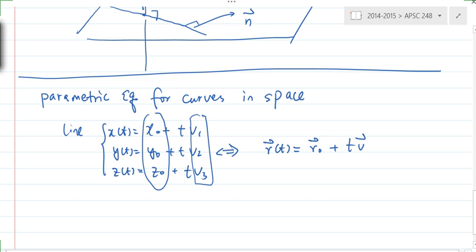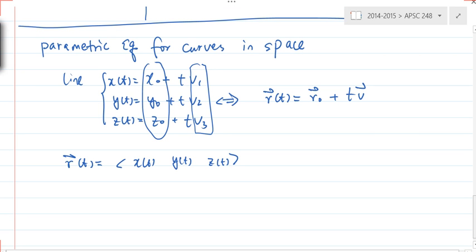So we have this r here, which represents x of t, y of t, z of t. So r equals x of t, y of t, and z of t. That essentially is the basis of the parametric equation.